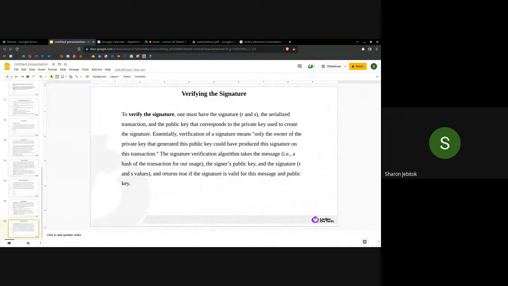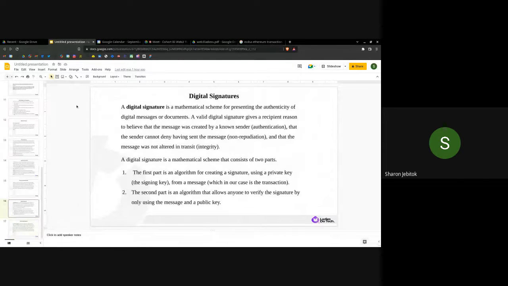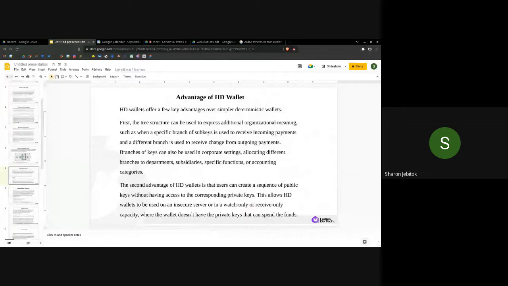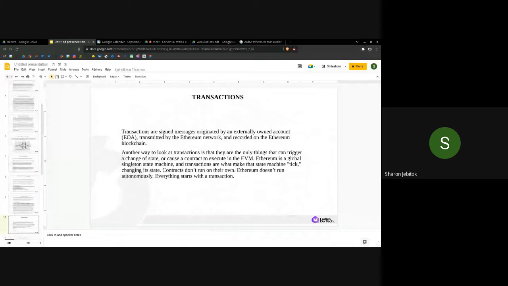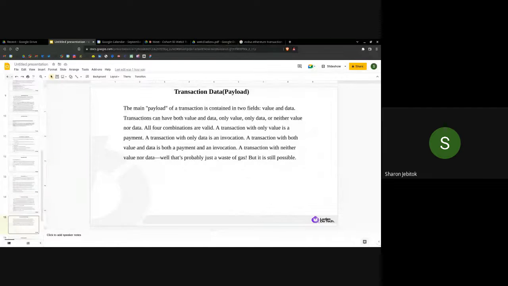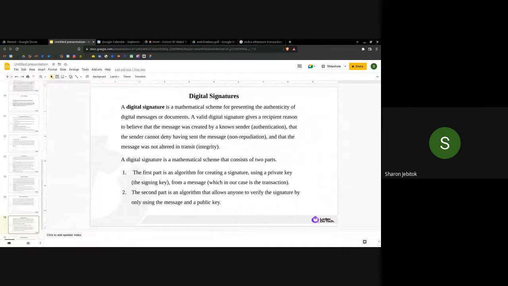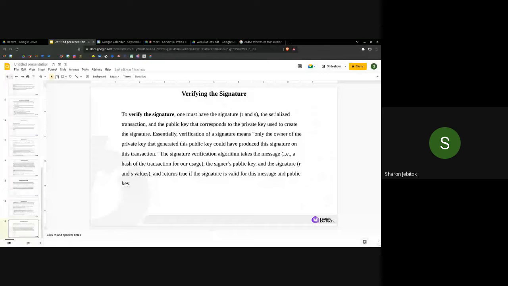In case someone is sending to an address, let's say you are sending to someone you know and they have sent you their address, and you know the address is 20 bytes. Let's assume you missed one digit and wrote a wrong digit, but this address will still be 20 bytes and it will still be a valid Ethereum address.